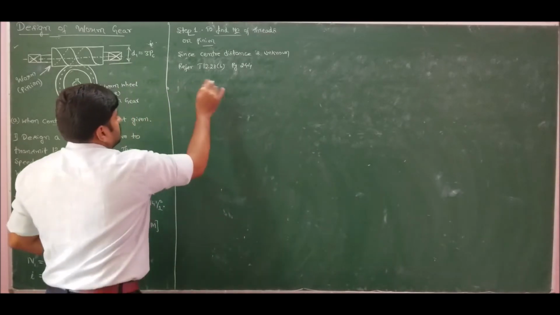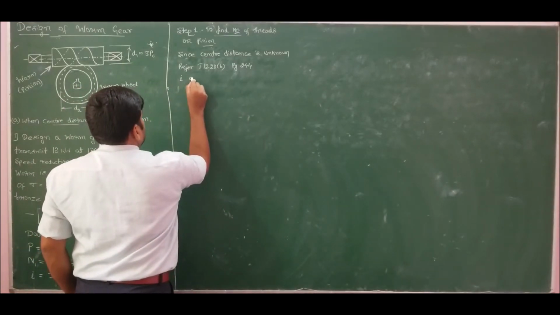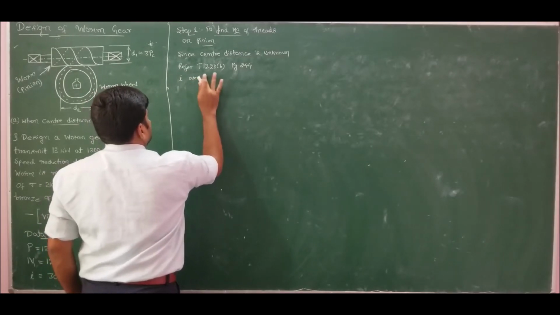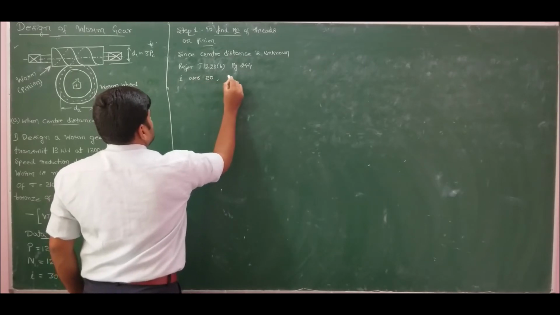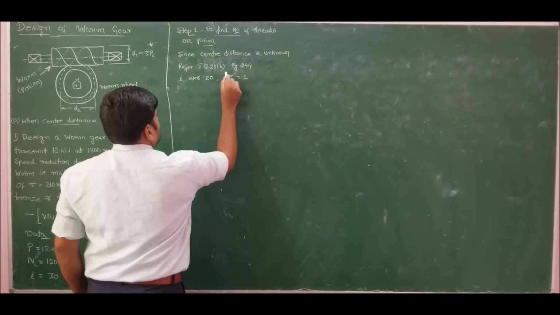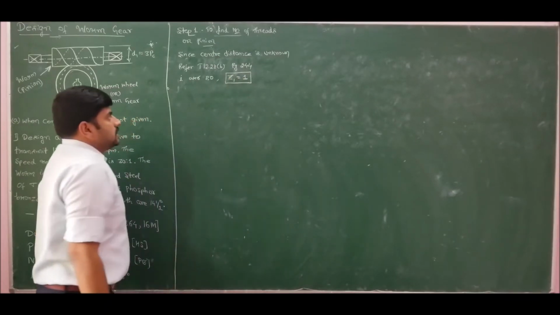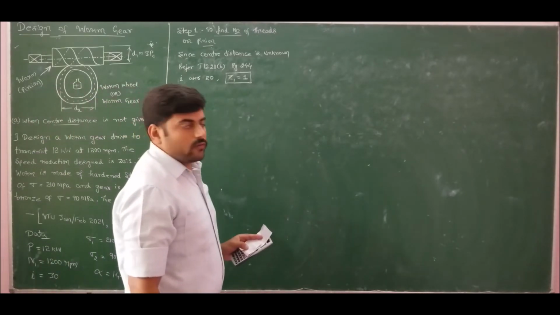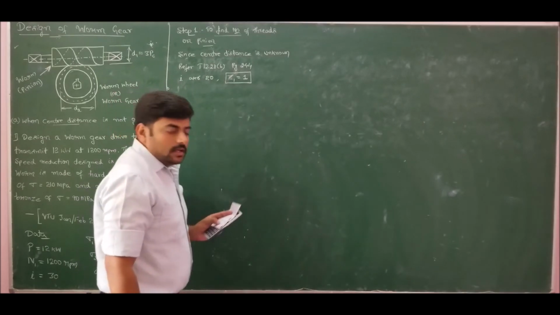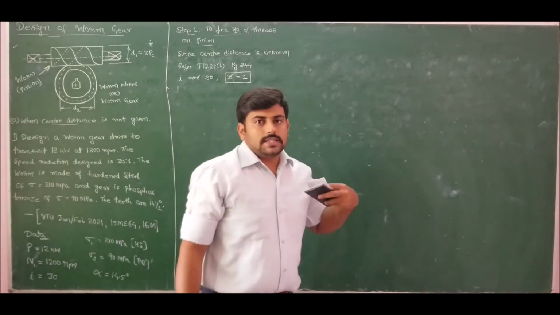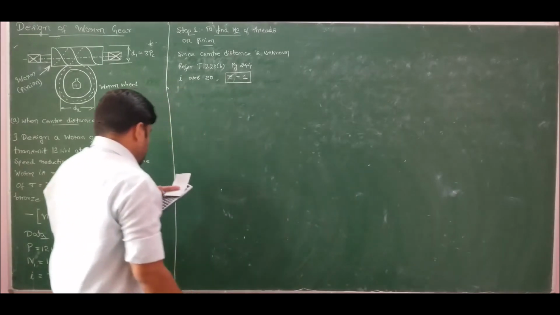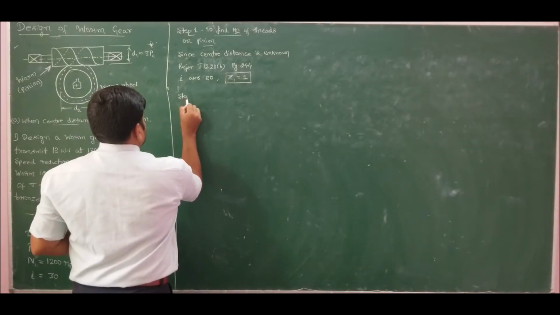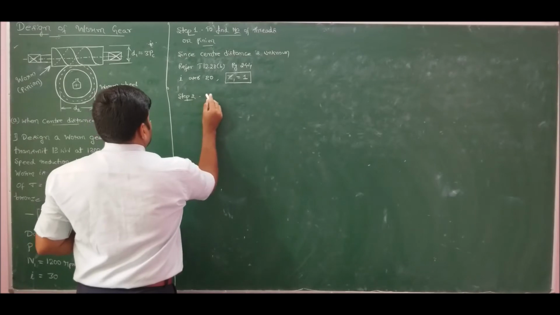There he has specified that for i over 20, if the speed reduction ratio is more than 20, then we should adopt Z1 equal to 1. Therefore I have taken the number of threads on pinion as 1, referring to table 12.28 B, page number 244. It is clearly specified that for speed reduction more than 20, we should take the single start worm or pinion. Next, moving ahead in step 2, I should calculate the module.